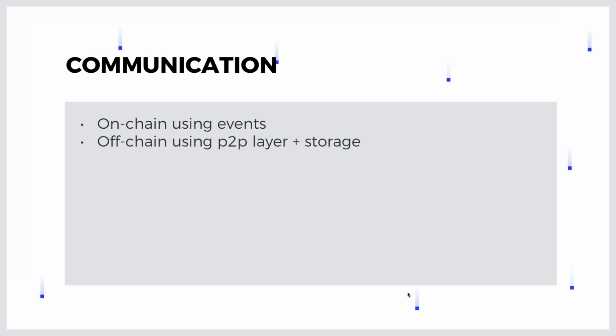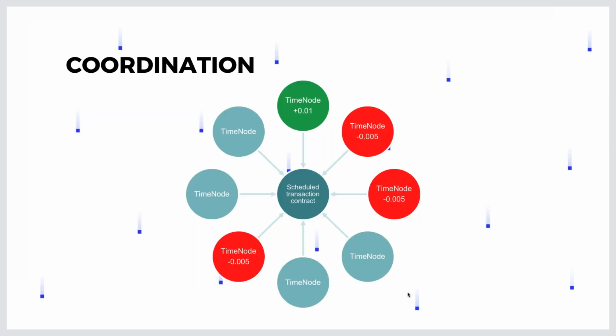So there is no problem with data availability on this layer. The off-chain solutions will probably be based, and that's what we are also researching, on peer-to-peer layers plus some sort of storage. And essentially, that's going to be a little bit more difficult to achieve.